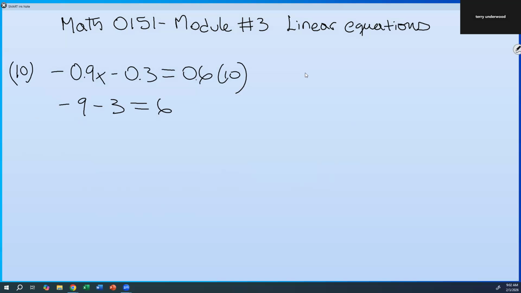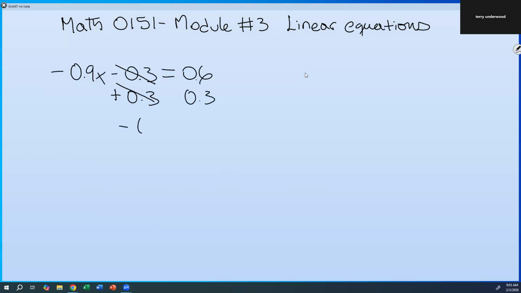But if you are good in arithmetic and you don't want to do that, you can continue using decimals. Because again, to solve this equation, I need to move the 0.3 to the other side. I will add 0.3 to both sides. This positive and negative cancel.